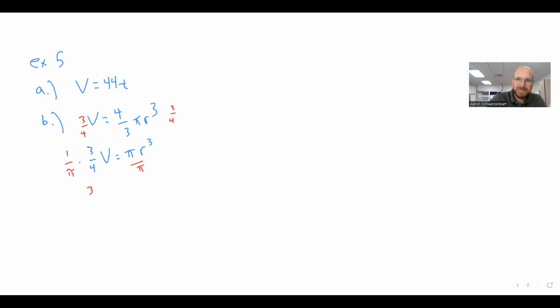So here I've got 3V over 4 pi equals r cubed, and r then equals the cube root of that.